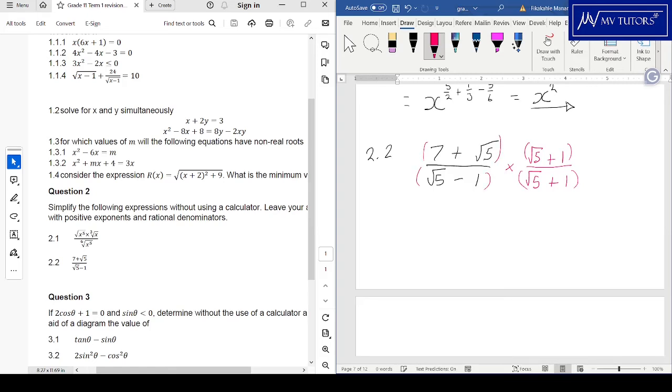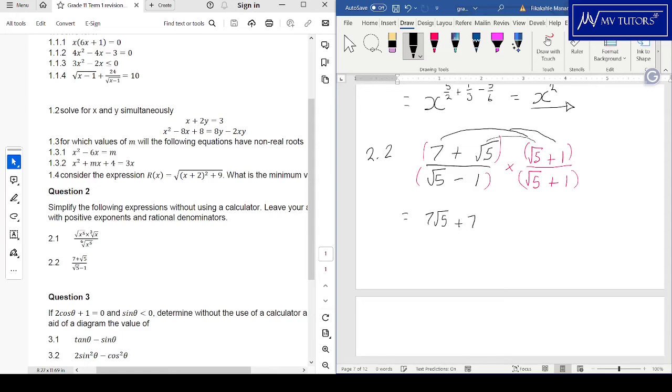Cool. So let's start on top. 7 times square root of 5 is just 7 square root of 5. 7 times 1 is just 7. And then we'll do this one as well.